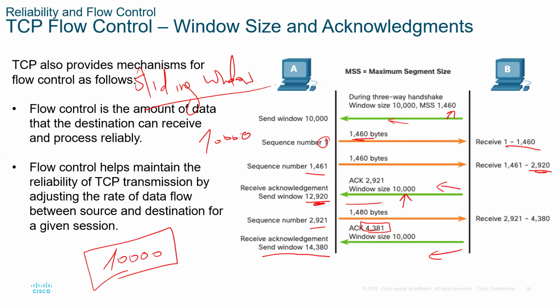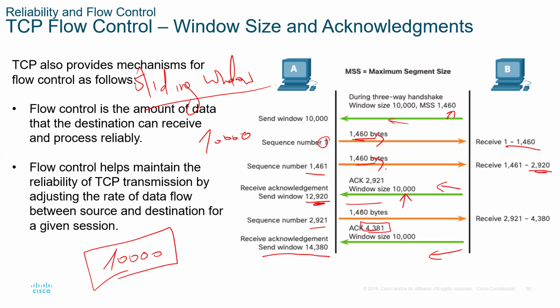When we send these 1460 bytes, 1460 bytes, let me see, divided by 10,000, let me do some calculations. 1460 times 5, 7,300, times 6, 8,760, 7.